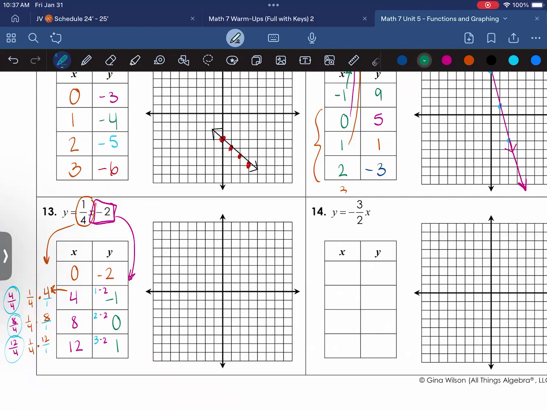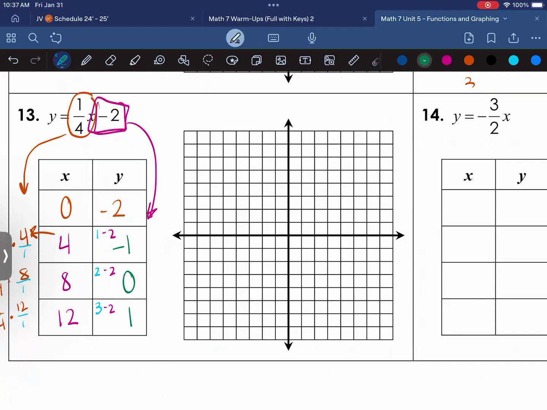It should look something like this. And then my other point would be somewhere over there in this area, but that's okay.